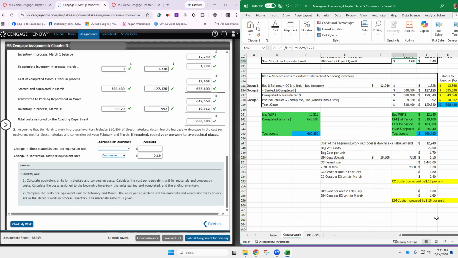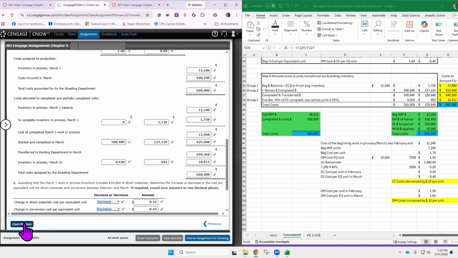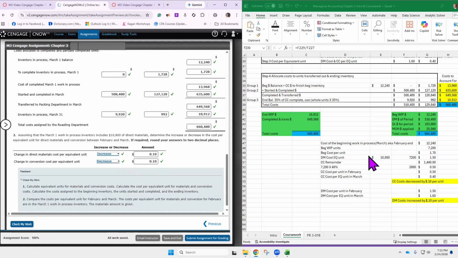It is $1.60. So this is an increase. So our direct materials costs increased by 10 cents, and our conversion costs decreased by 10 cents. So there you have it. I would never ask this much, but yeah, this gets pretty complicated.